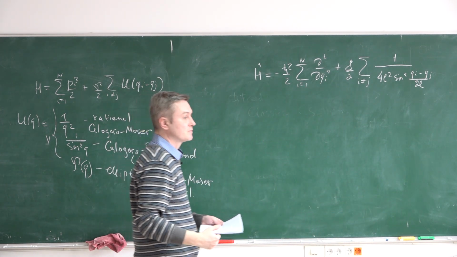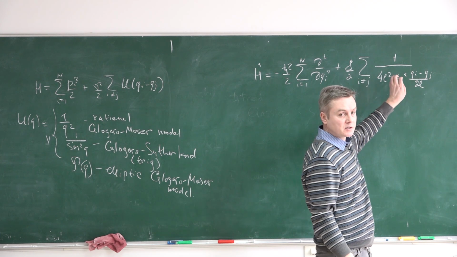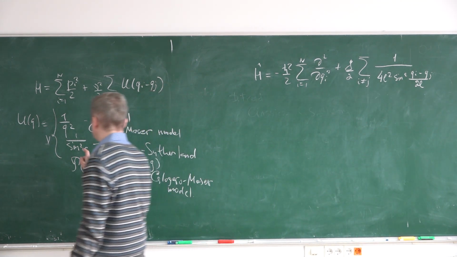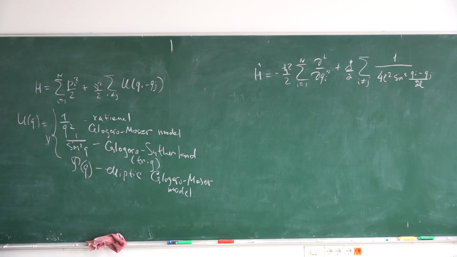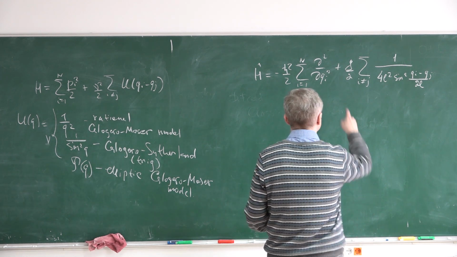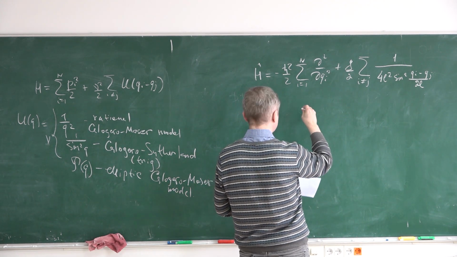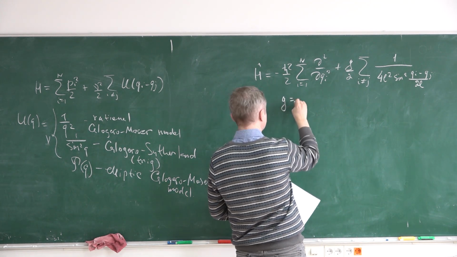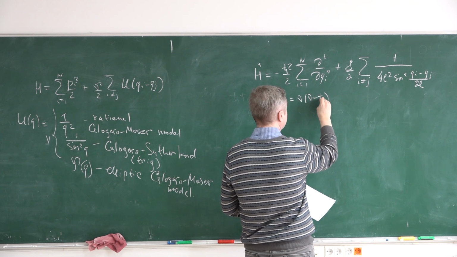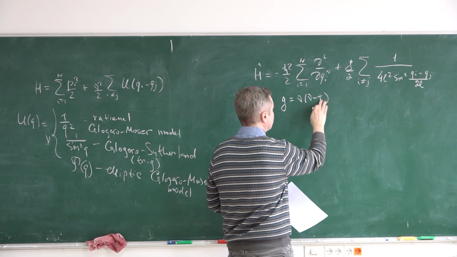So this is our potential, inverse squared sine, which was mentioned here, and the coupling constant g will be parameterized in the same way as we had it in the rational case.